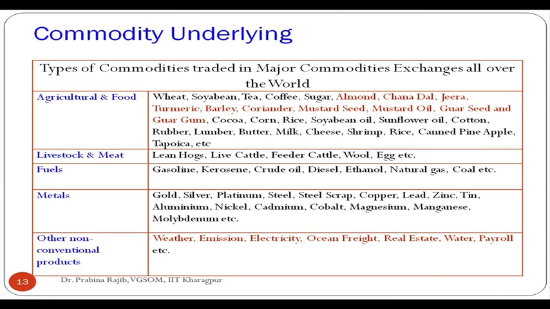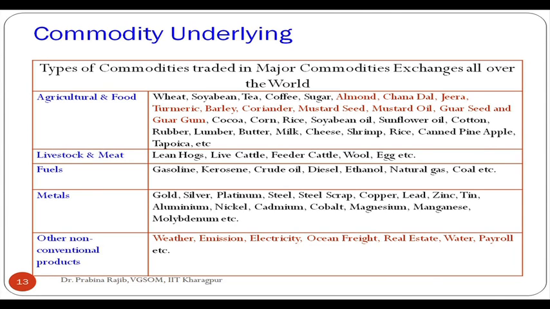Now let's focus on what are the different kinds of commodity underlying which are offered by major commodity exchanges all over the world. And this is one thing I would like to again stress upon. These commodities are nothing peculiar. These commodities are available in major commodity exchanges all over the world.